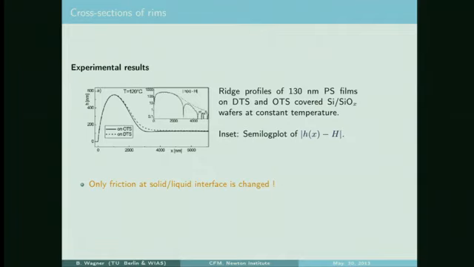If you look at the back side of this rim on a logarithmic scale, you'll see that the back side decays in an oscillatory manner for the OTS coating, while the backside of a dewetting rim has a monotone decay for the DTS layer. This is what we could explain first.